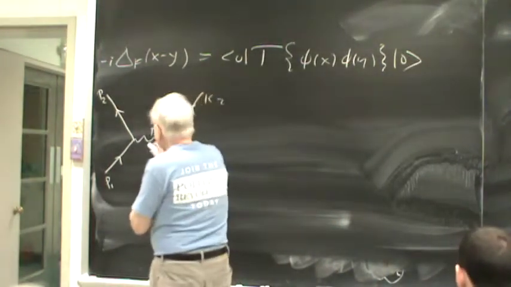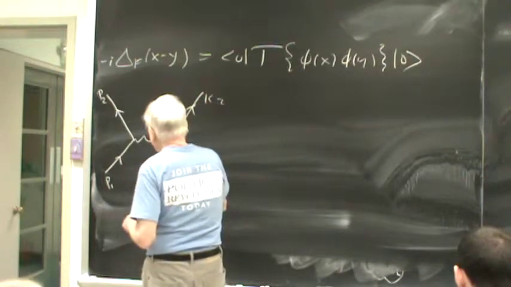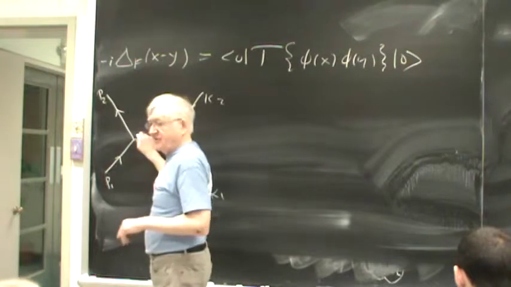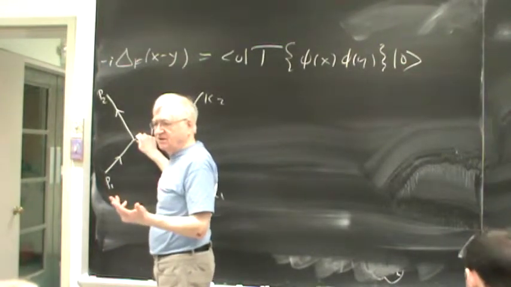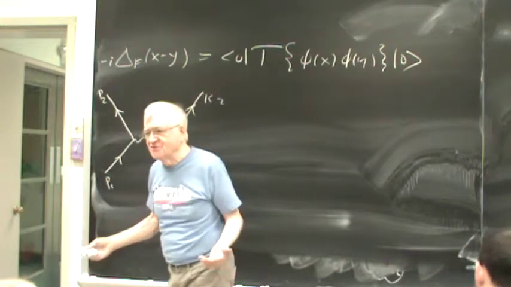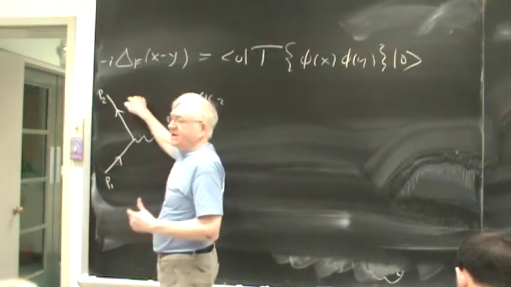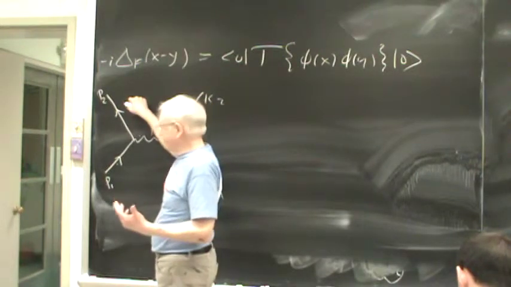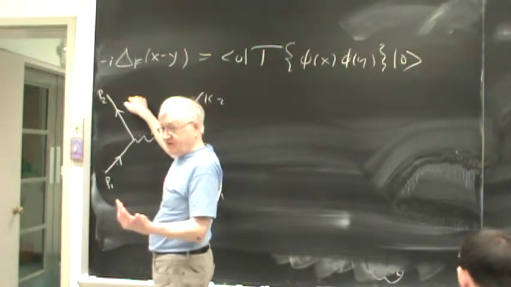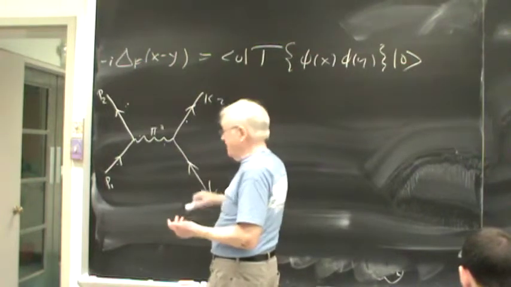Well, in the actual calculation, everything is just a number when you're doing a calculation. This part is a simple number together with some phase factors, and these two are a simple number together with some phase factors.